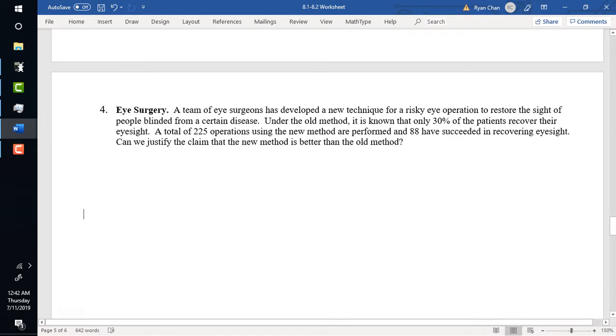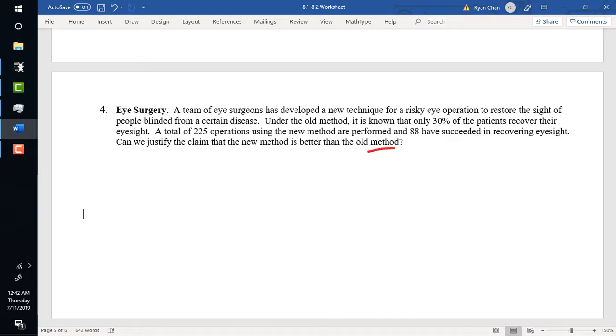Let's look at this one, number 4 here. It says a team of eye surgeons has developed a new technique for a risky eye operation to restore the sight of people blinded from a certain disease. Under the old method, it is known that only 30% of patients recover their eyesight. Can we justify the new method is better than the old method? This part is a little tricky.